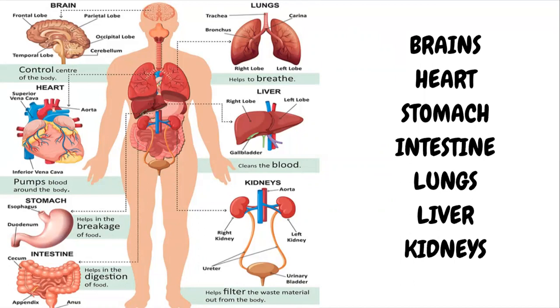The heart pumps blood around the body. The stomach helps in the breakage of food. Then the intestine helps in the digestion of food. Similarly, we have lungs that help us to breathe, the liver that cleans the blood, and finally, kidneys that help filter the waste material out of the body.